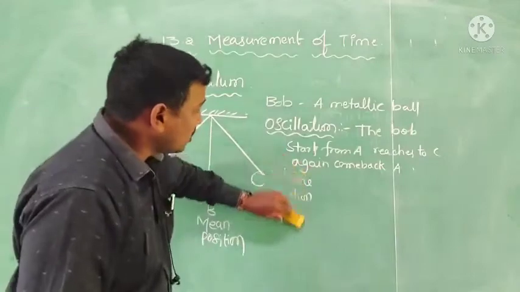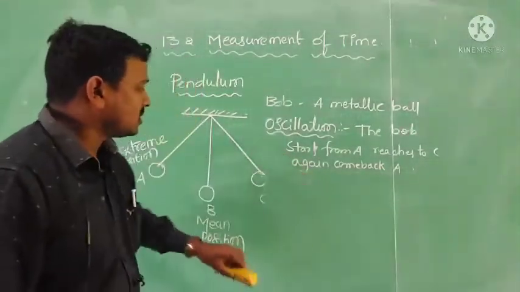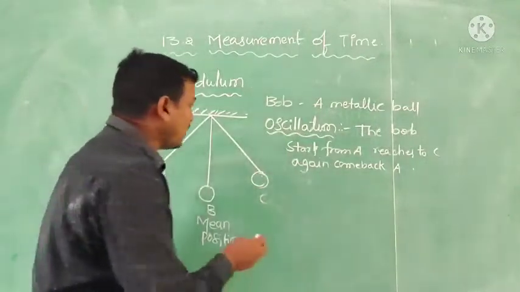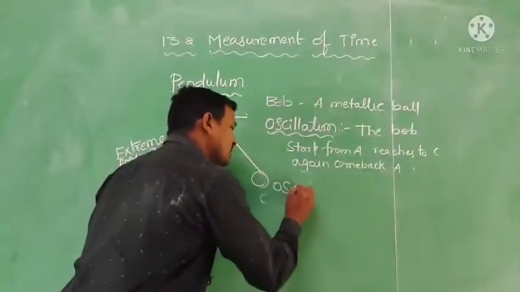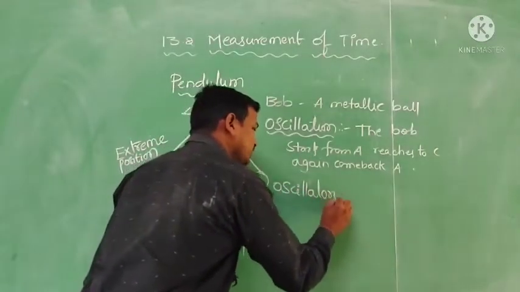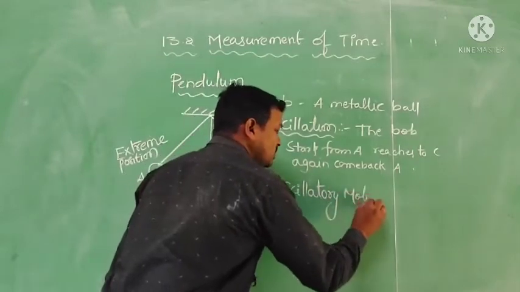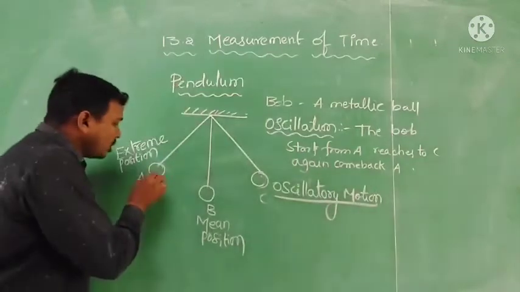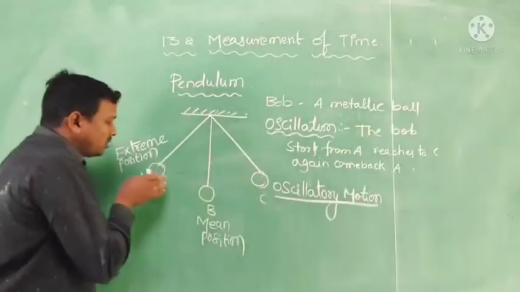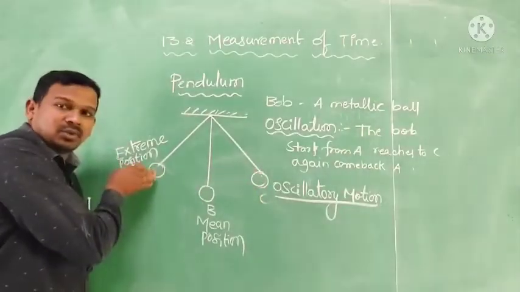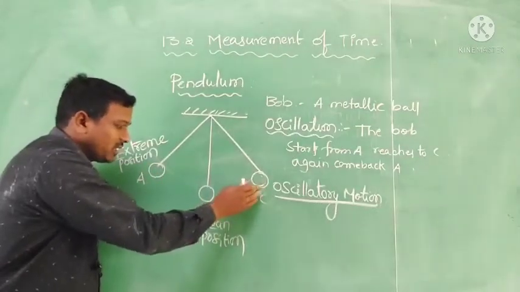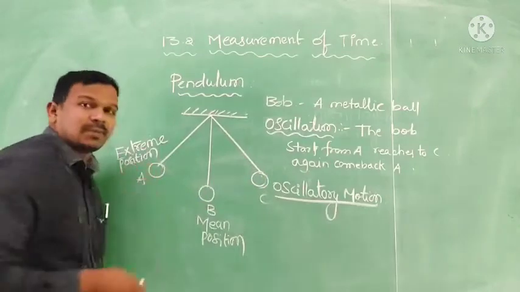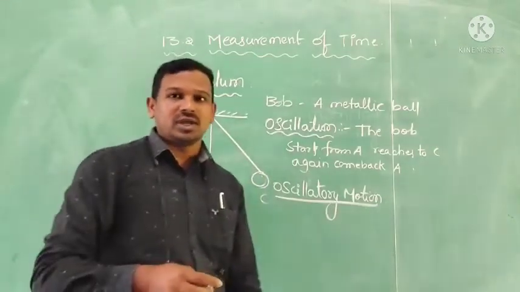Now, since it is in motion, we should give a name for this also. This type of motion we call oscillatory motion. Here the bob is doing to and fro motion. The bob starts from point A, goes to point C, and comes back.